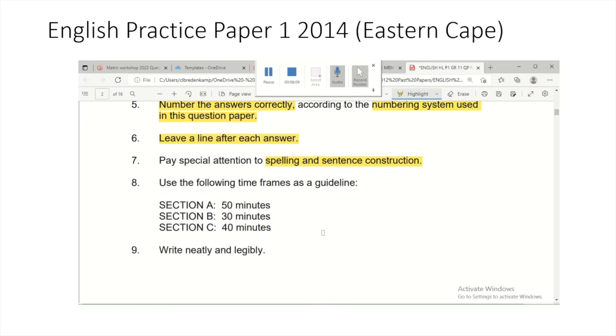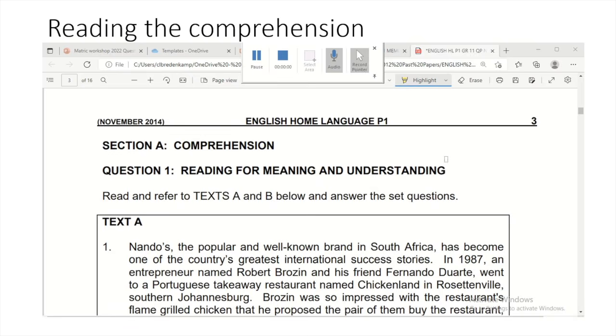In the next slide, I'm going to read the comprehension with you and start having a look at what those answers are looking for. Section A, Comprehension, Question 1, Reading for Meaning and Understanding. Now, I know you probably have ignored that in the last 4 years that you've been at high school, but this reading for meaning and understanding is very important, grade 11s.